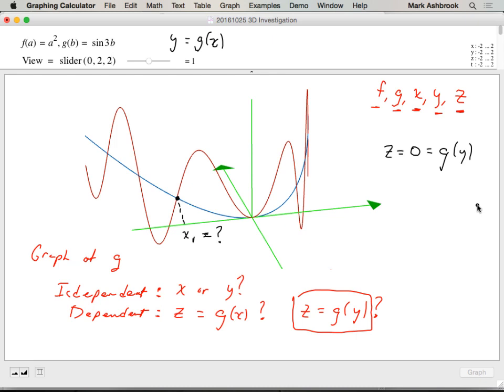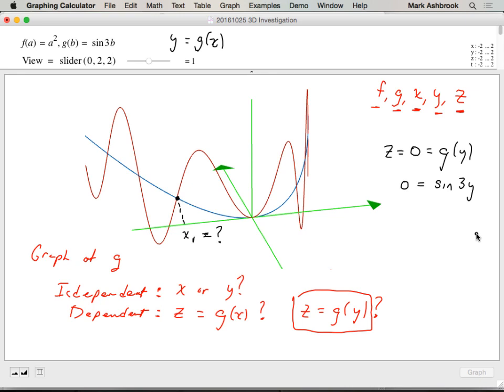Okay, and where do we go from there? What is our function G? Sine of 3y, right?